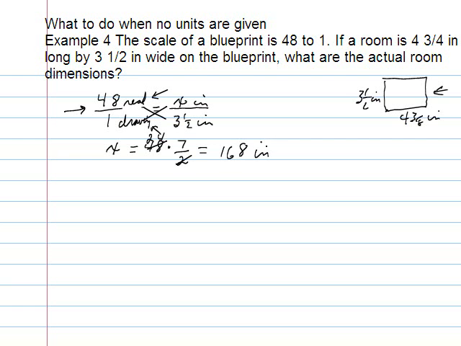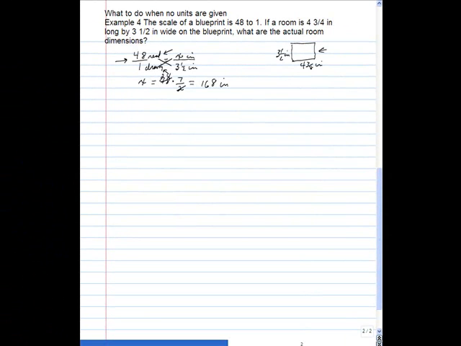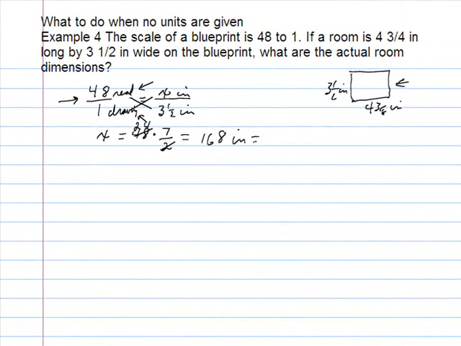You'd certainly want to convert that to feet. If you do an inches to feet conversion, you simply divide by 12, so that's 168 divided by 12 on your calculator. 168 divided by 12 turns out to be 14, so this would be 14 feet. That would be the width of the room.